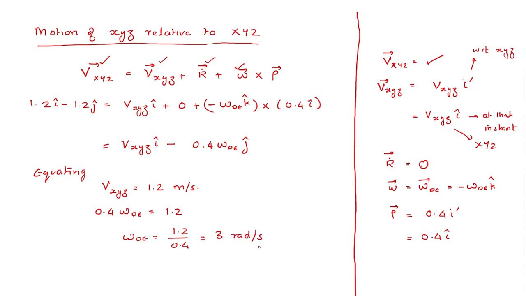Both of these are magnitudes and not vectors. So I'll write here the vector notation: V small xyz vector is equal to 1.2 into I cap, and omega DE vector is equal to minus 3 into k cap. So as such, we had obtained the velocity with respect to small xyz and the omega DE vector.